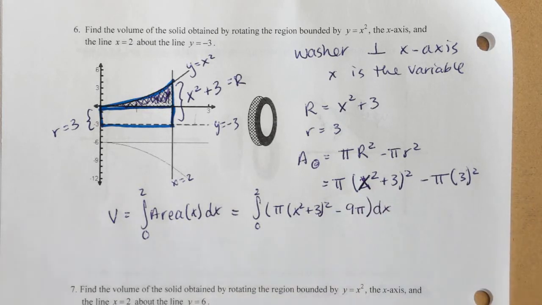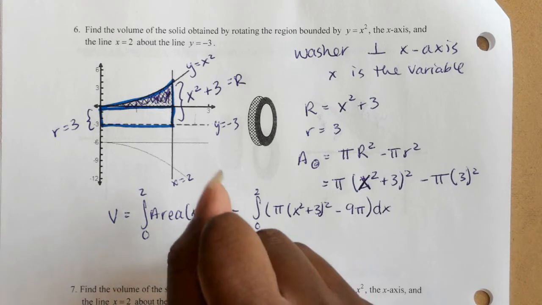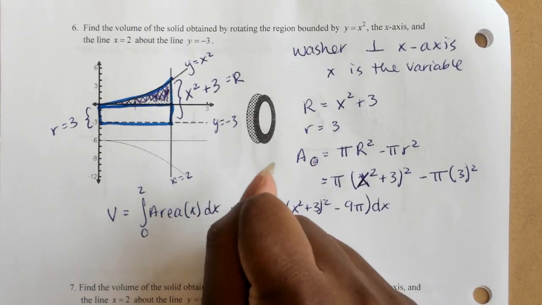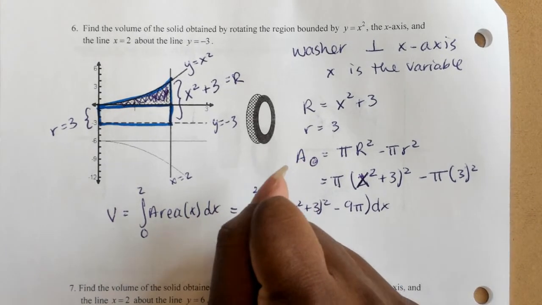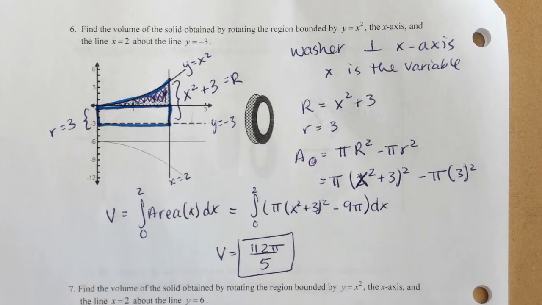Right, and if we expand and do everything out, we get V is equal to 112 pi over 5.